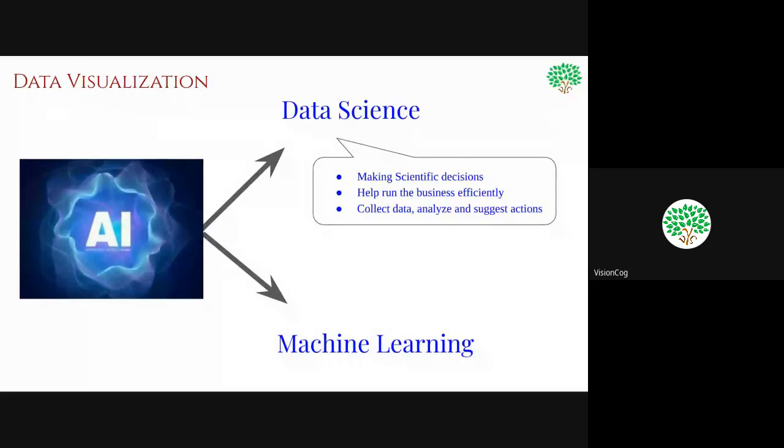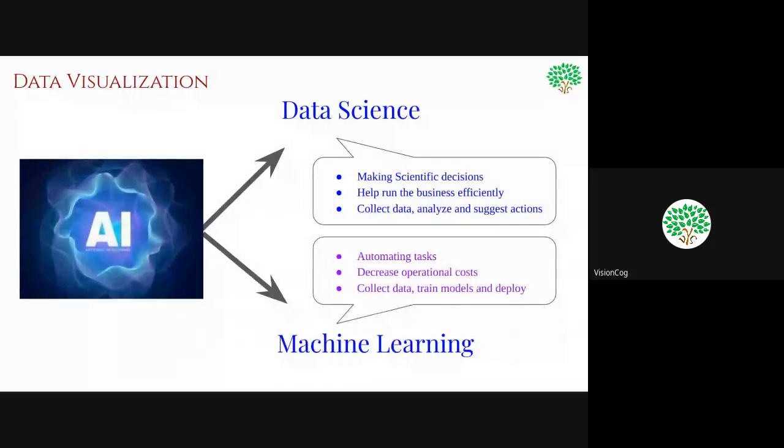But when it comes to machine learning, what companies focusing on machine learning do is they also collect data and analyze it, and the important difference is that these machine learning companies deploy the models, the machine learning models that we talk about. That becomes an integral part of an application, which essentially focuses on automating tasks.